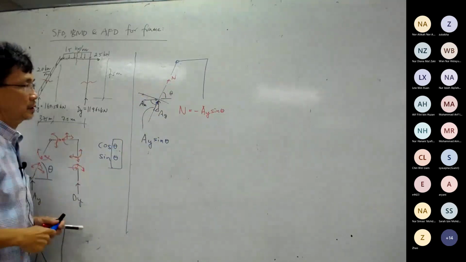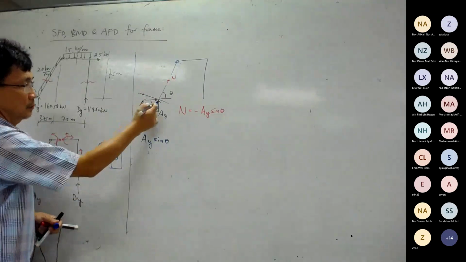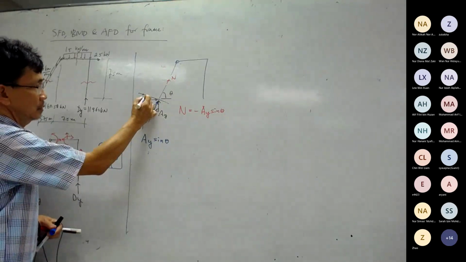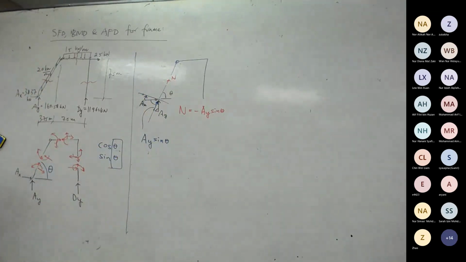Component of this in this direction will be this component. And because it is very congested, I can also draw it here. This is a component. Okay.